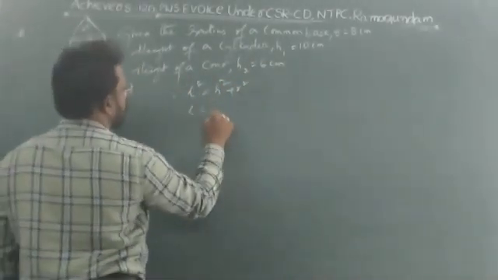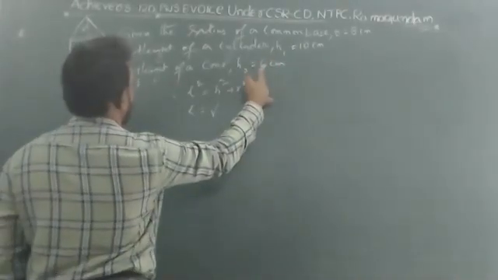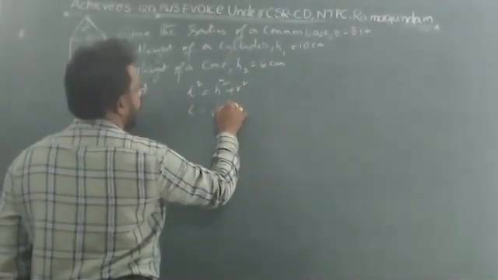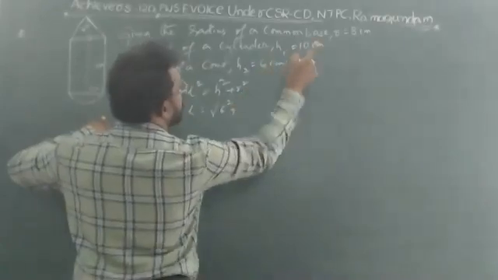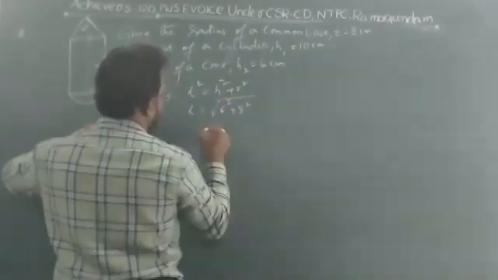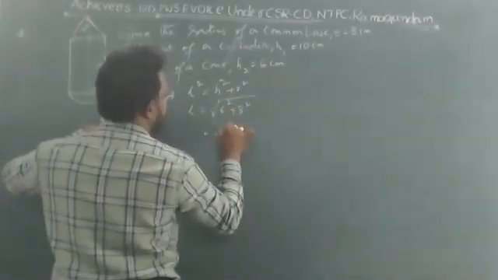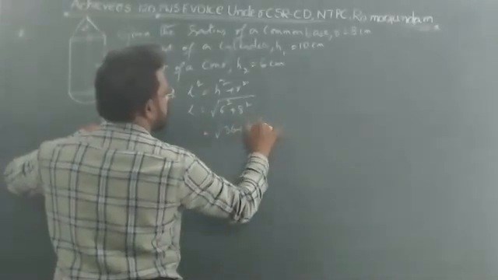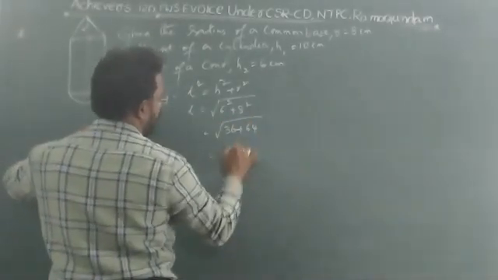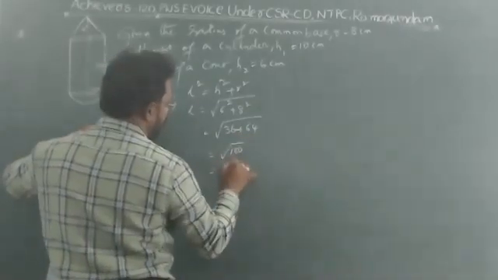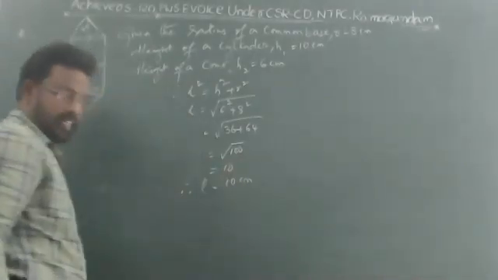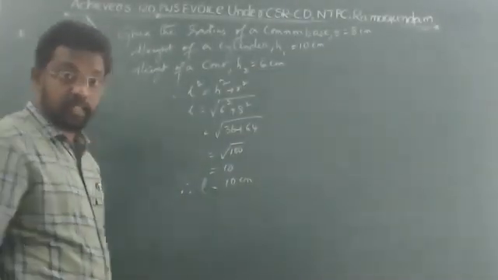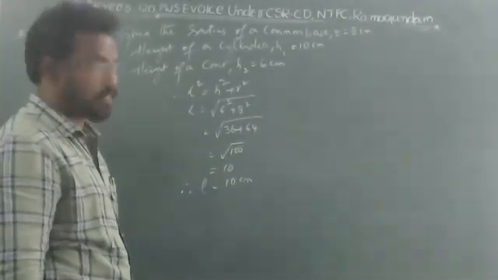So L is equal to the root of the cone height 6 square plus the common radius 8 square. 6 square is 36, 8 square is 64. Add them, you get 100. Root 100 is 10. Therefore, L is equal to 10 centimeters.